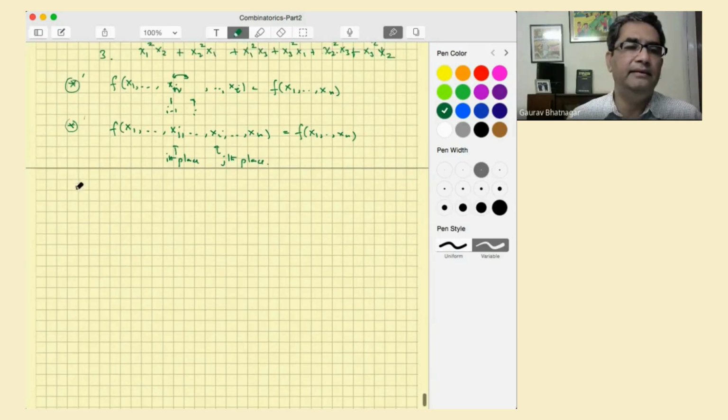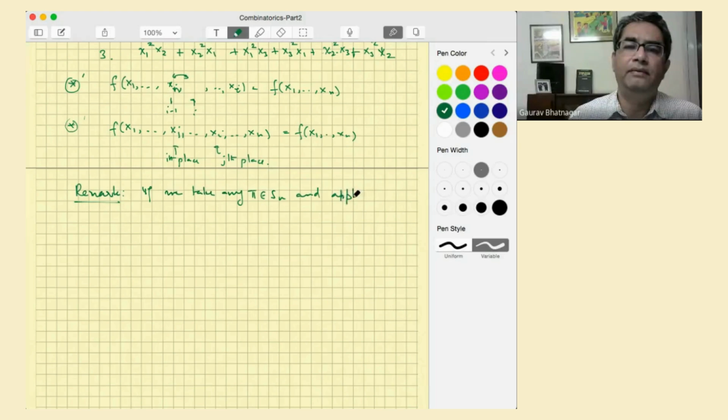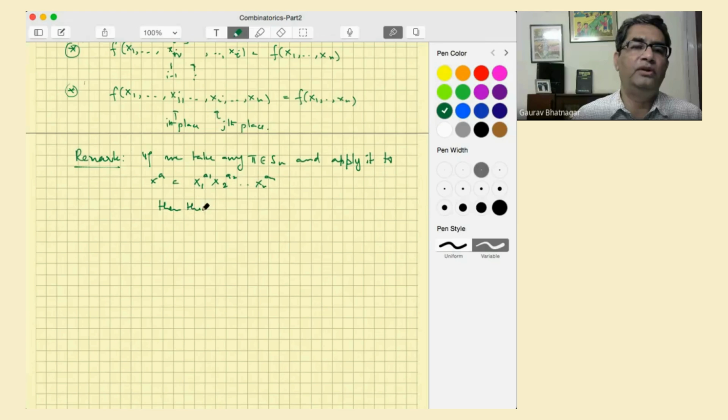One remark to note is that if we take any monomial, any pi, and apply it to this monomial, x1 raised to a1, x2 raised to a2, up to xn raised to an, then the total degree remains the same.